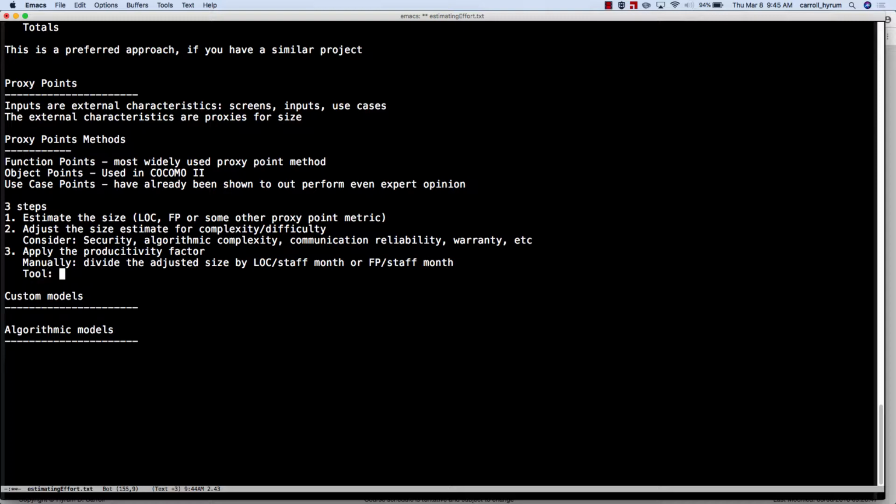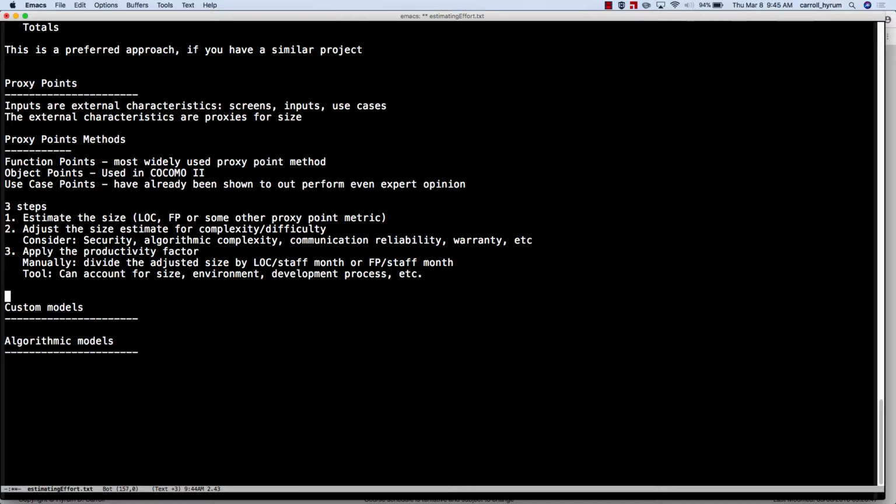If we're using a tool, then we can account for size, environment, our development process, and other factors as well that are more complex to be able to account for. Okay, so these are the three general steps with proxy point: size, adjust the size, and then apply the productivity factor.